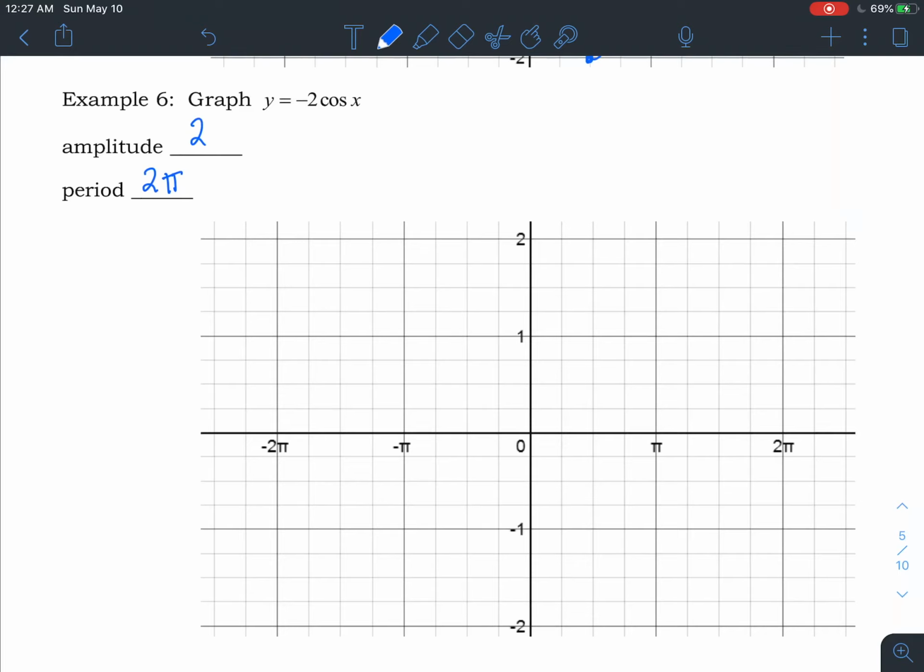But now, since it's a vertical reflection for my amplitude, I'm going to start down here at negative 2, go back to 0, up to 2, back to 0, back down to negative 2, because we have to end the same place we started. So I do this nice little wave.